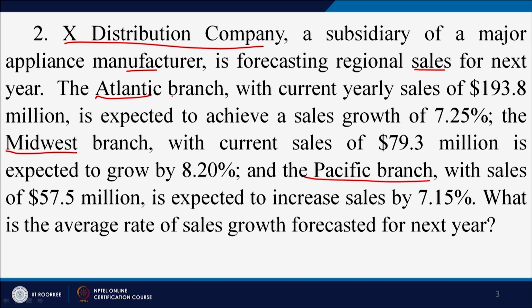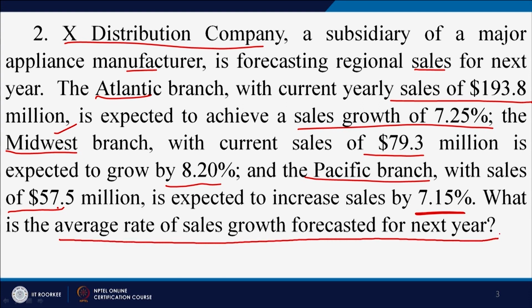The Atlantic branch, which has current sales of this many million, is expected to achieve a sales growth of 7.25%. Similarly, this branch has this much sales and is expected to grow at this rate. Similarly, the Pacific branch expected growth rate is 7.15 and sales is this. We have to find out the average rate of sales growth forecast for the next year.